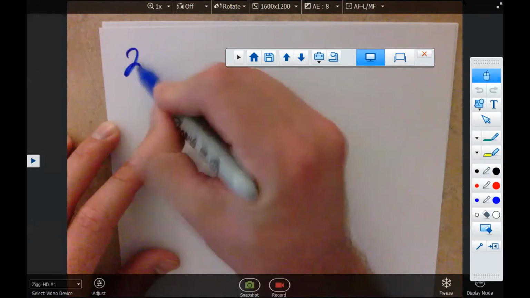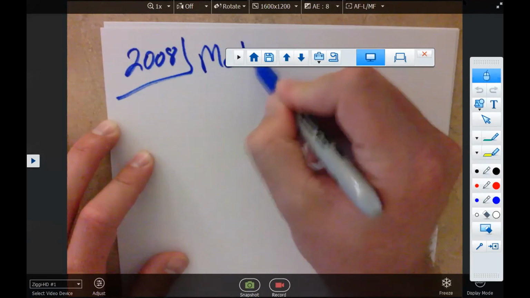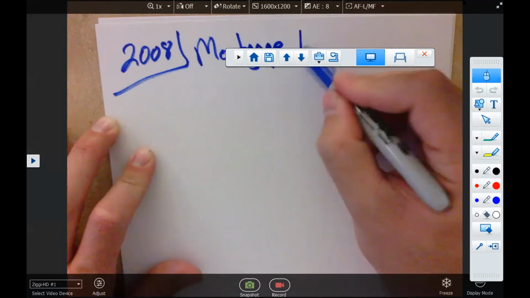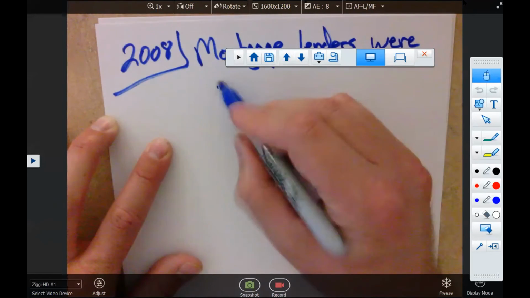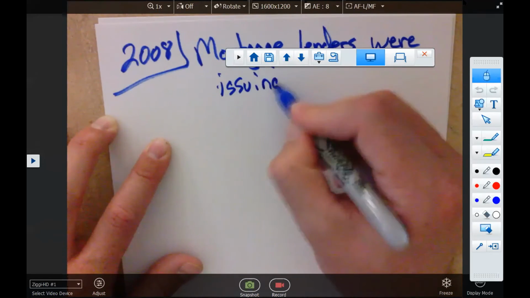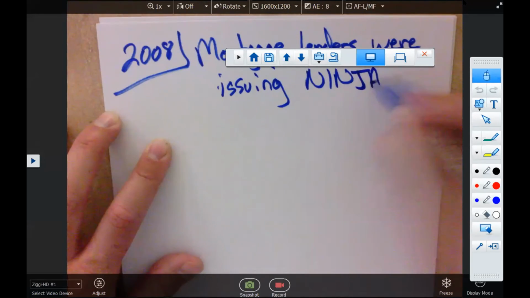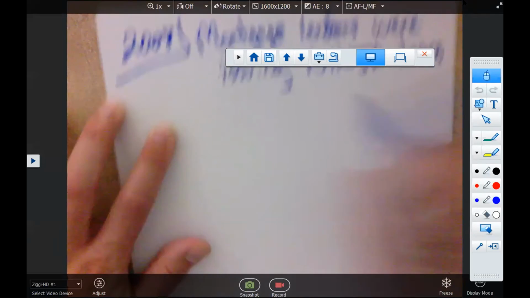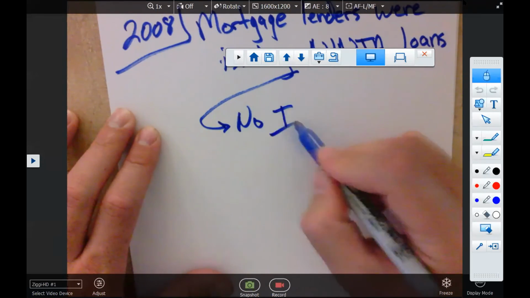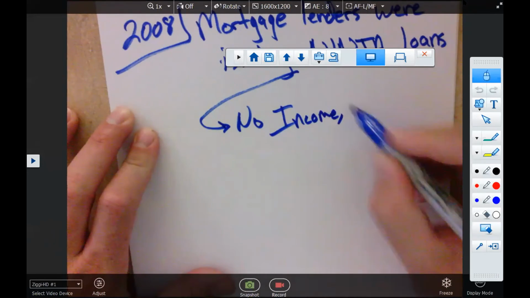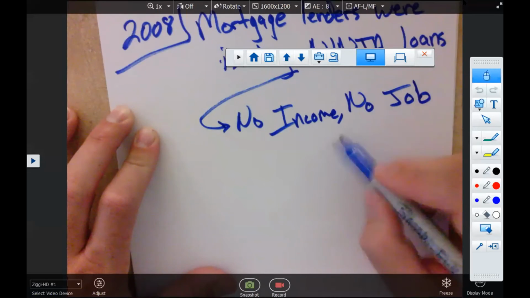So in 2008, mortgage lenders were issuing ninja loans. What is a ninja loan? No income, no job application.